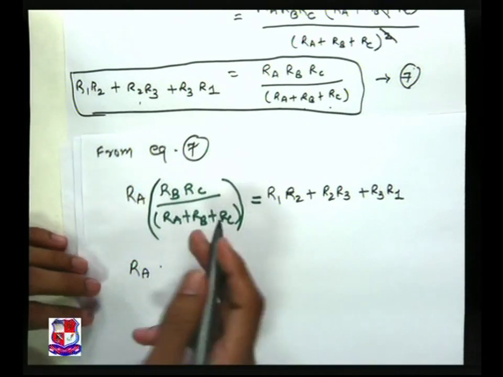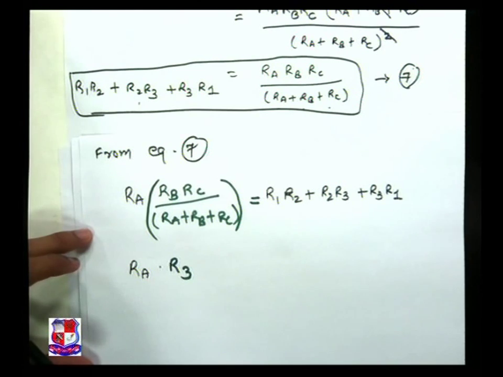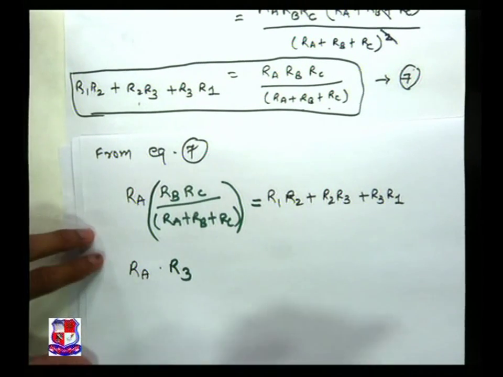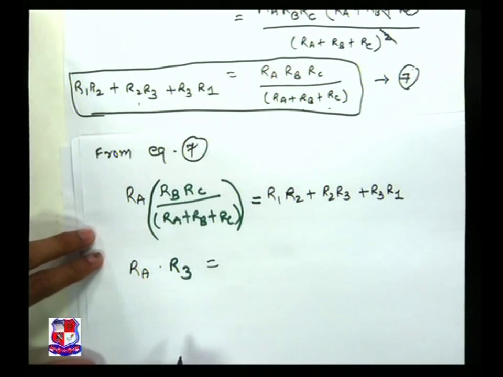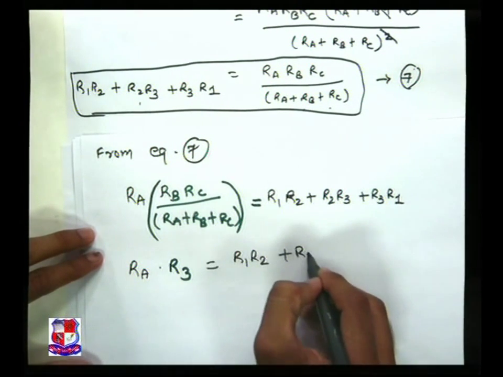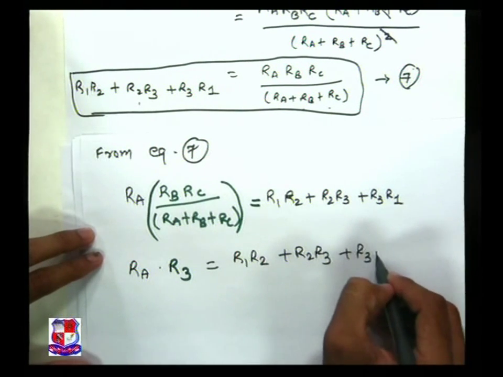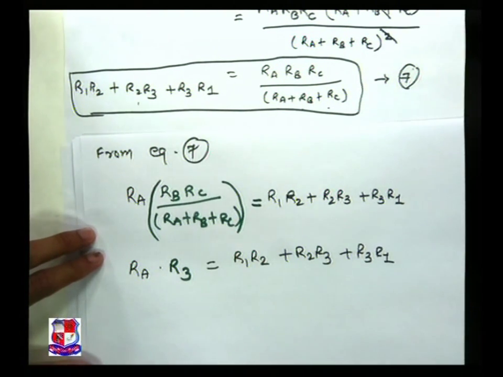So RA, from equation number 3, is R3, equal to R1 R2 plus R2 R3 plus R3 R1.